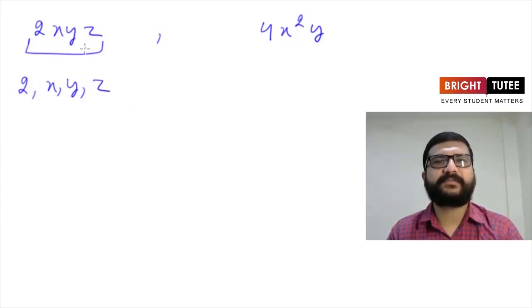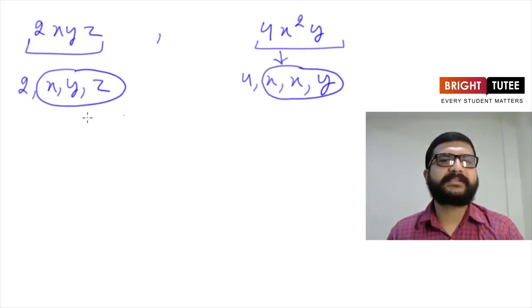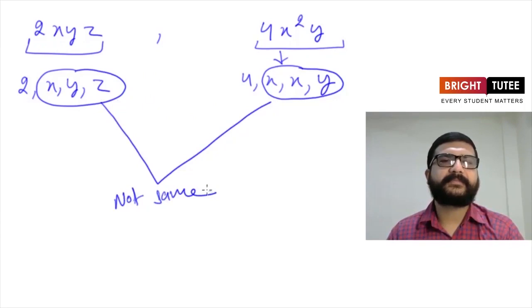So these are the factors of the first term, and factors of the second term are 4, x, x, y. Now what do you think about their algebraic factors? Are they the same? No, they are not the same this time. As we can write here, not same. If algebraic factors are not the same, it means the terms are unlike terms.